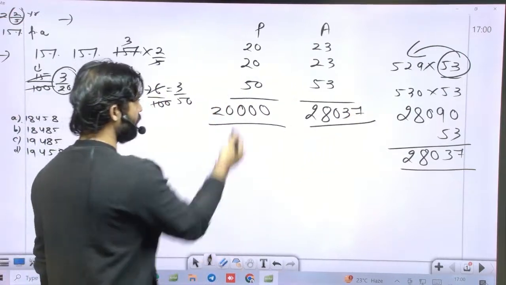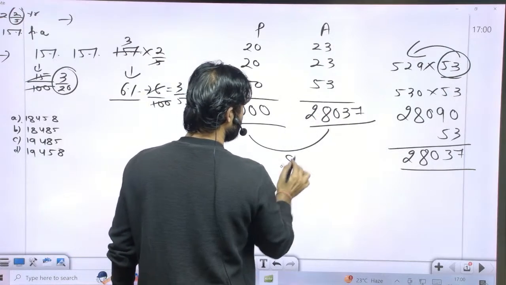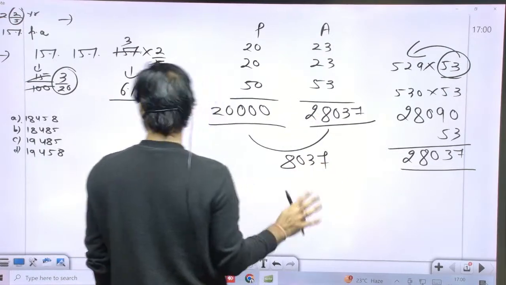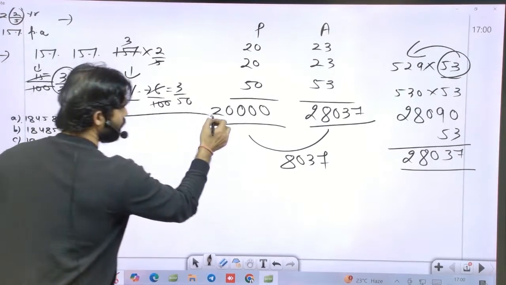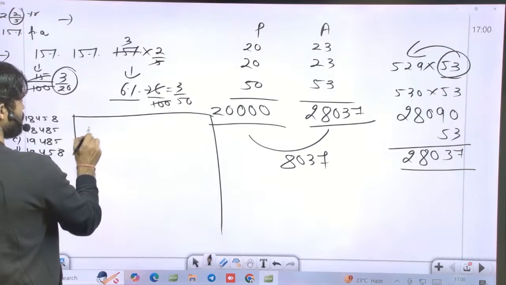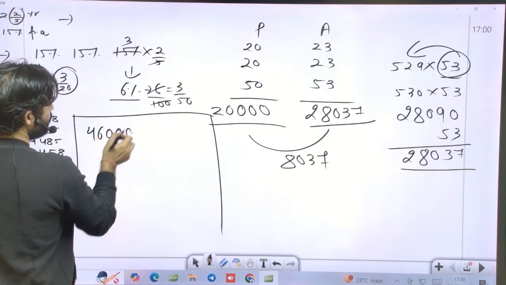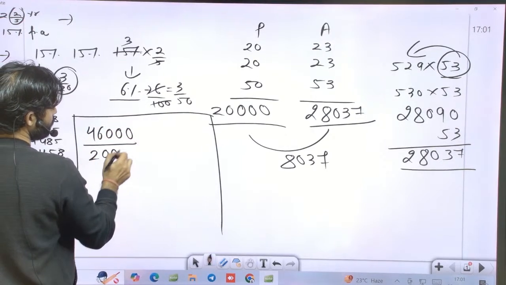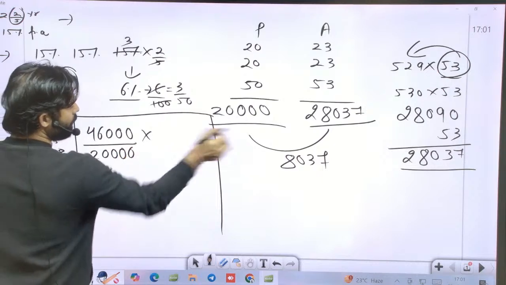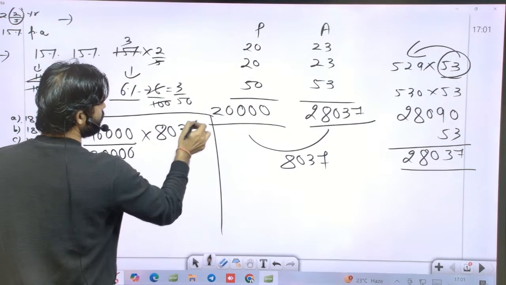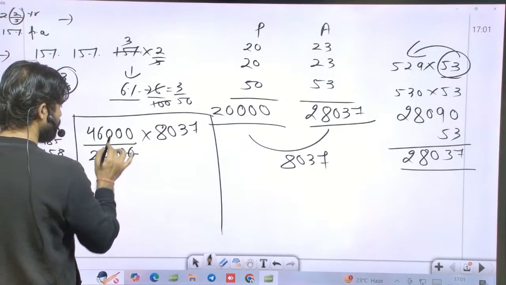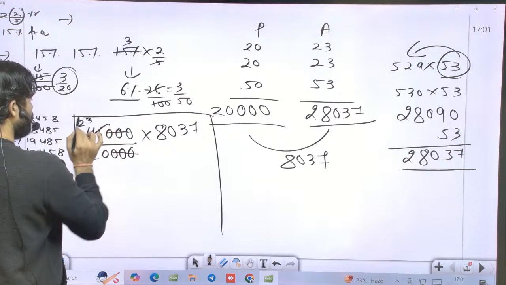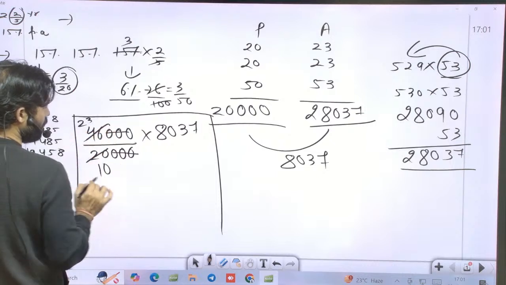Okay. And the compound interest is the difference between these two. So we have the value of how many units? 20,000 units, sorry. So it is 46,000. And we have to find the value of this one. Okay. Cancel it out. So this is 23 and this is 10.